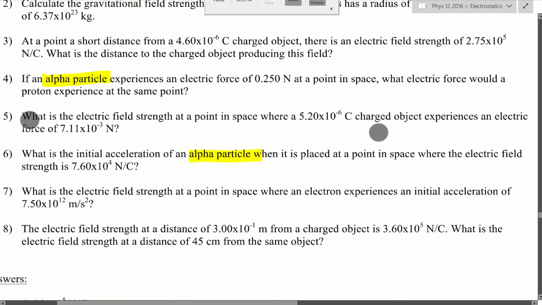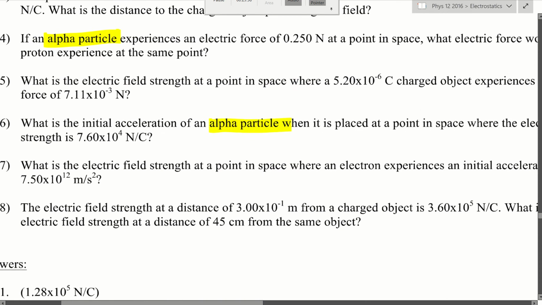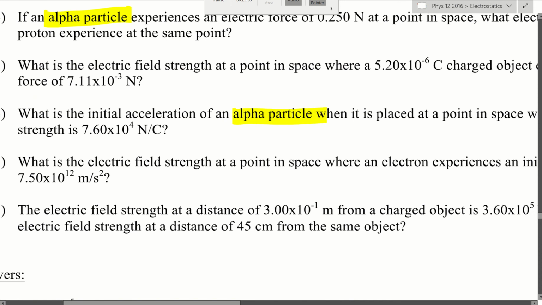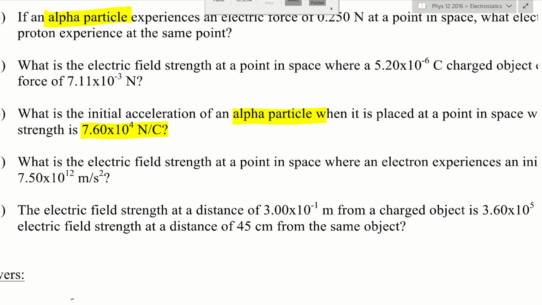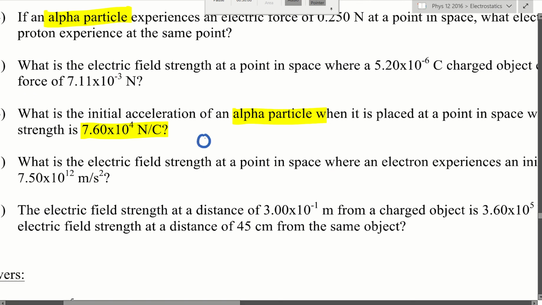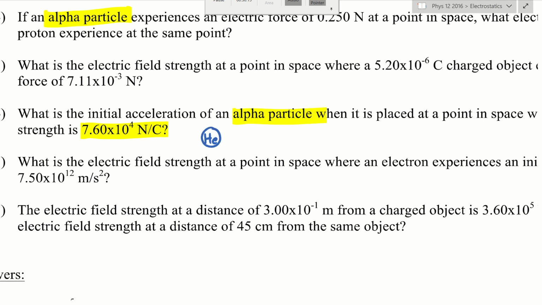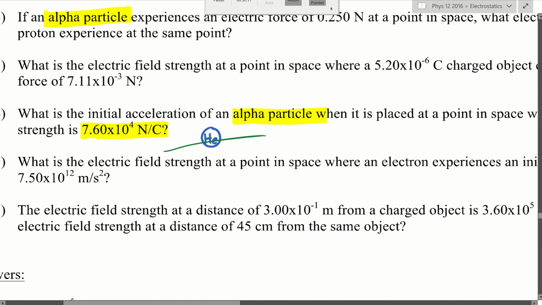What is the acceleration if you put an alpha particle in a space where the electric field is 76,000 newtons per coulomb? Looking at this question, we have an alpha particle, basically helium without the electrons. We're going to put it here, and it's being pushed by some electric field from somewhere else.